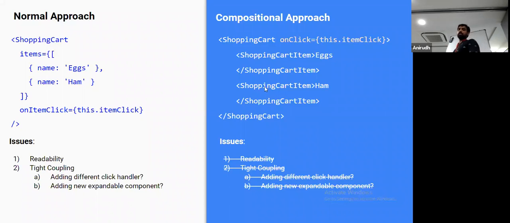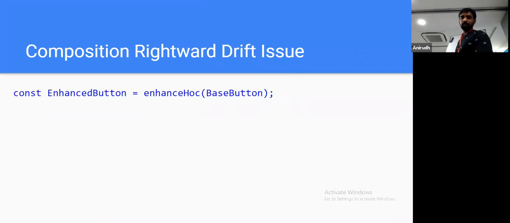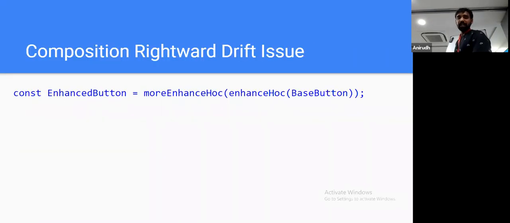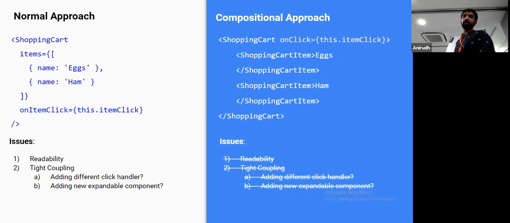And if you want, say suppose for a particular item you want an expandable component, you can just replace that cart item with that expandable component. So the rightmost compositional approach, as I said earlier, can be achieved through React.Children.map and React.cloneElement. So these two methods can be used to create a compositional component like this.